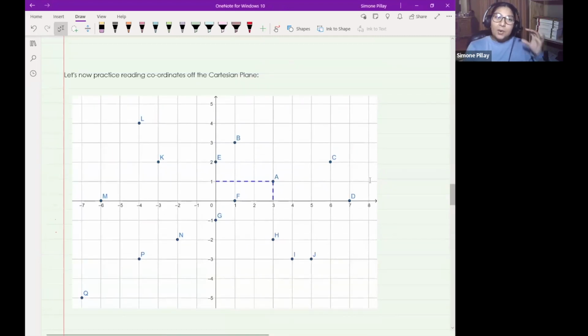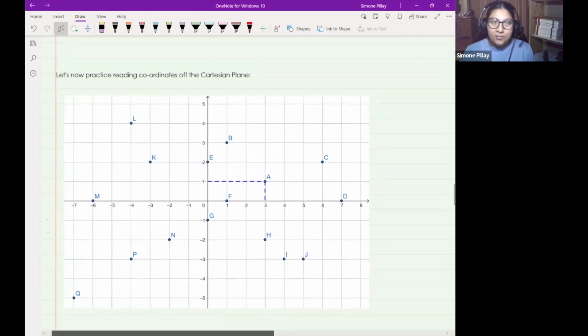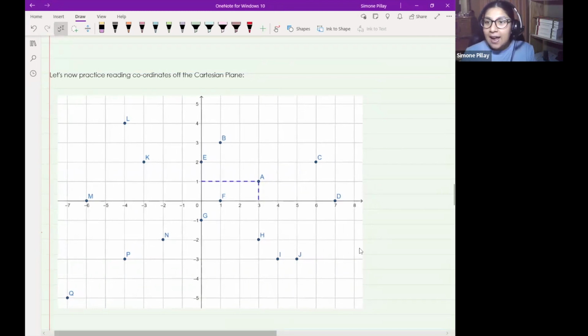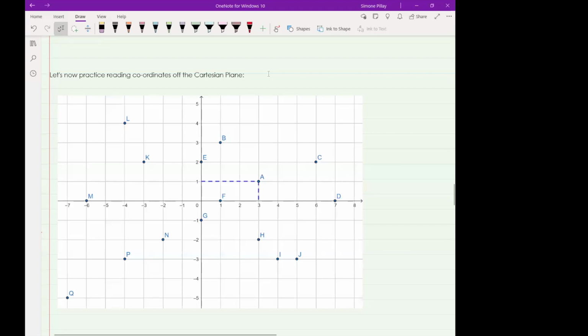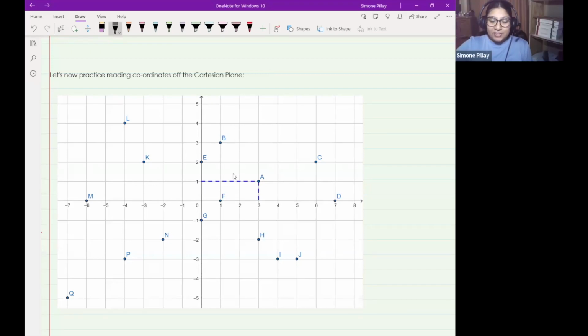So we are now going to practice reading coordinates of the Cartesian plane. I would like to ask for volunteers, please. Layla? Hello, ma'am. You volunteering to read off some of these points for me?